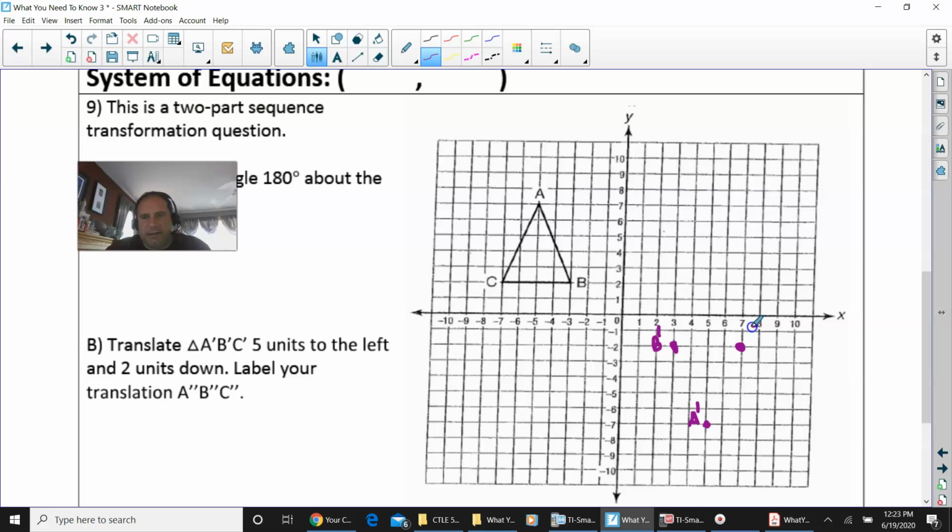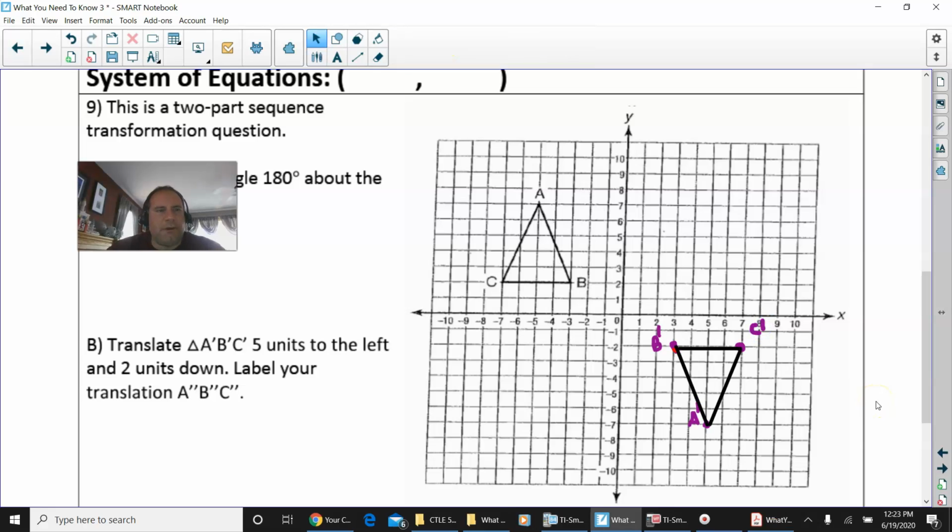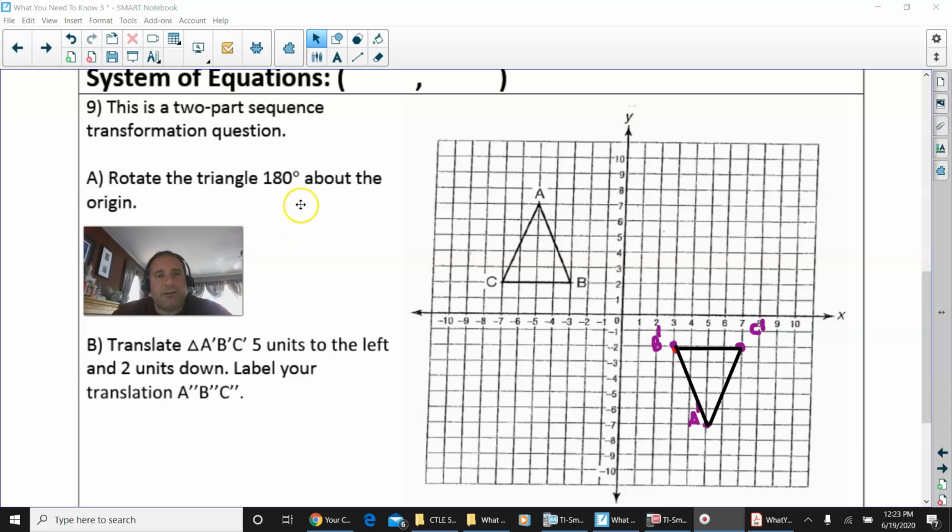And that is my C prime. So keeping with what I was talking about when I first rotated it, the rotation of 180 degrees is pretty simple, right? Do you see what my result was? It was exactly what it was when I rotated and looked at it. It was pointing down. It was in this quadrant.